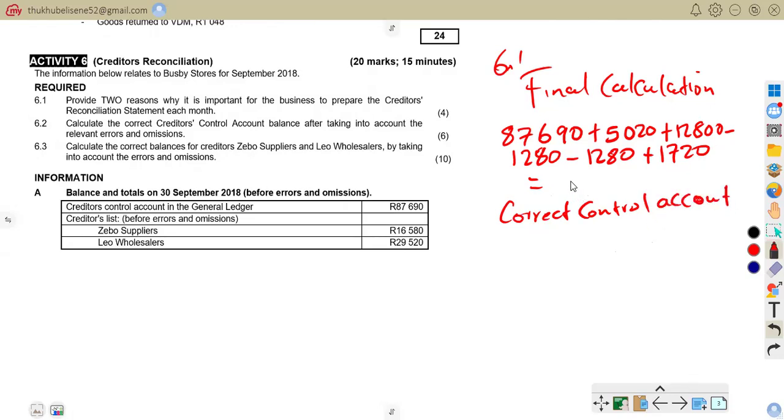So correct control account is how much? 104,670. That's when you add all this together. So it means our control account is equal to 104,670. Hope you understand this very well.